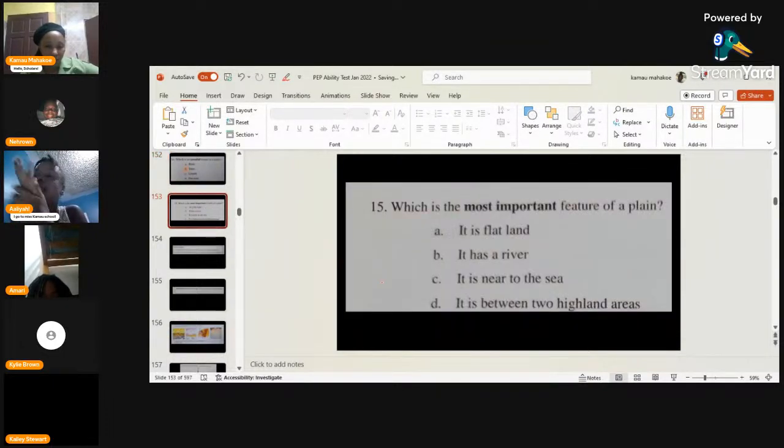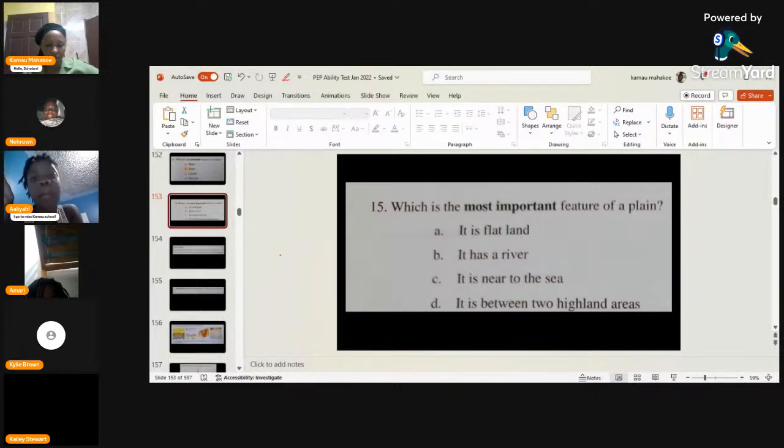Yes, Miss, number 15, please. Number 15. Which is the most important feature of a plane? A. It is flat land. B. It has a river. C. It is near the sea.